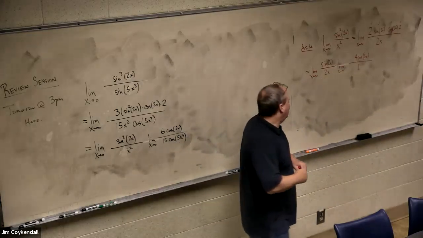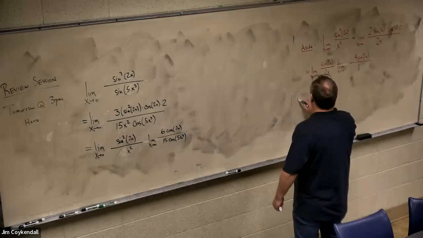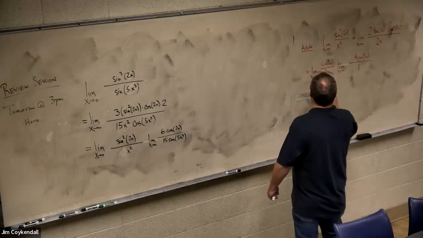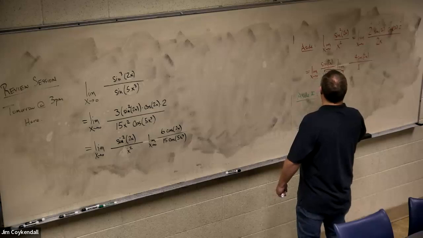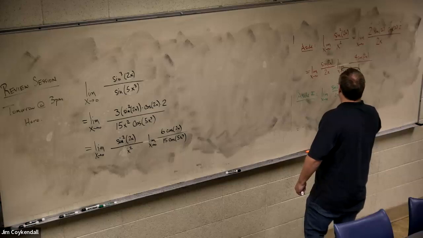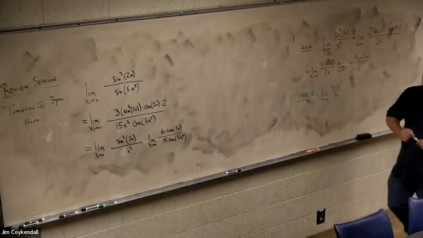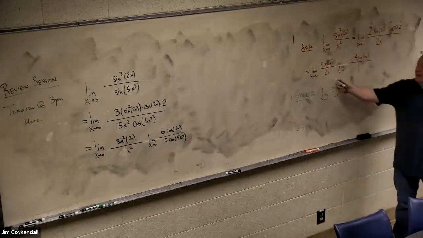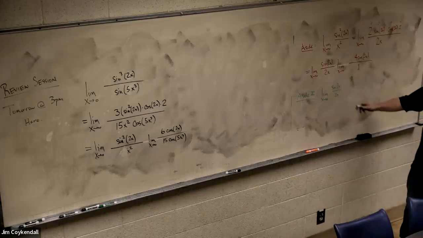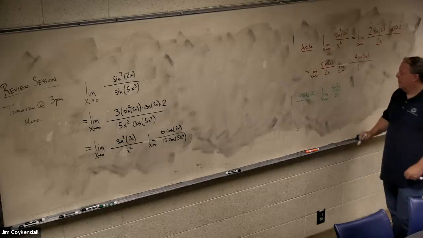Now, as my last aside, let's find this one. This is my last one. What is, well, again, 0 over 0.